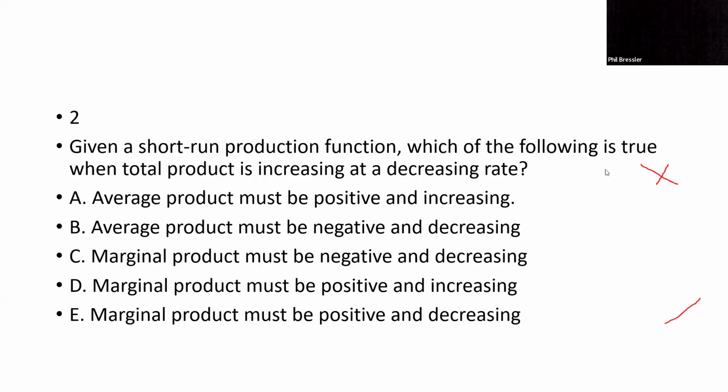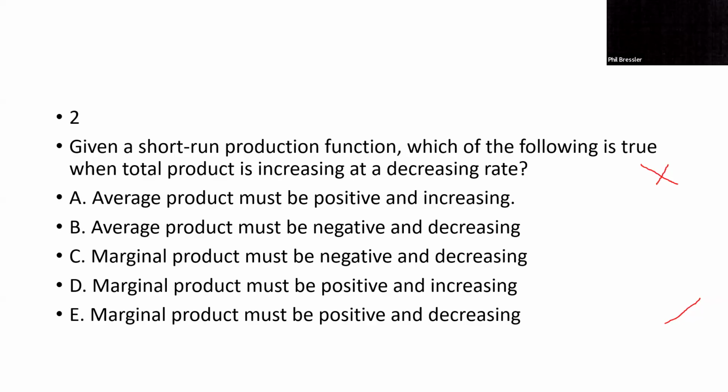Okay, it's going to be E as in Ellen, because marginal product must be positive. That's why total product is increasing. But if it's increasing at a decreasing rate, marginal product must be decreasing. Okay. It's in that second stage of the law of diminishing marginal returns.